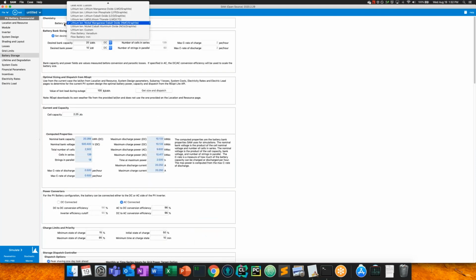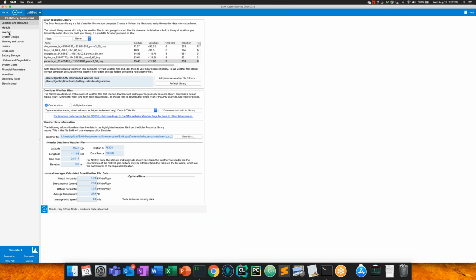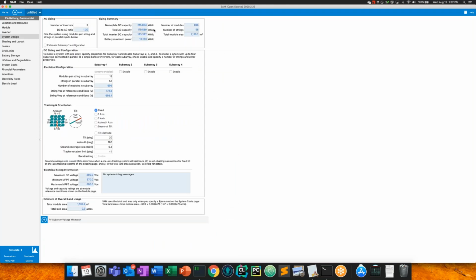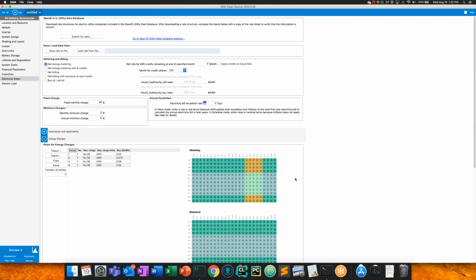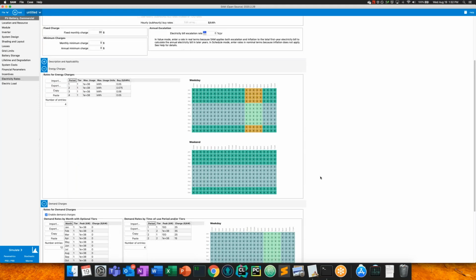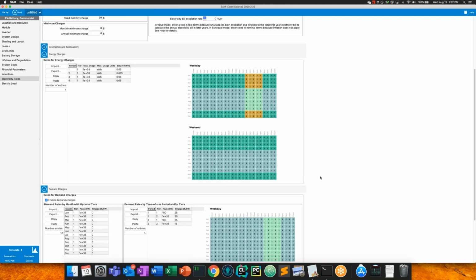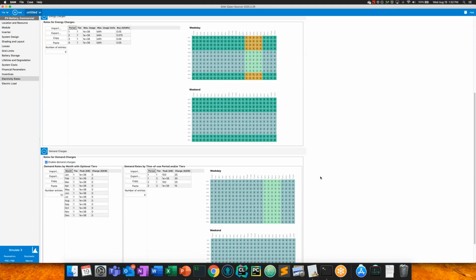Okay. So here we have the PV system as 179 kilowatts and our battery storage. We'll switch this to LFP, and we'll look at this utility rate. We see that it has time of use periods for both energy and demand charges.